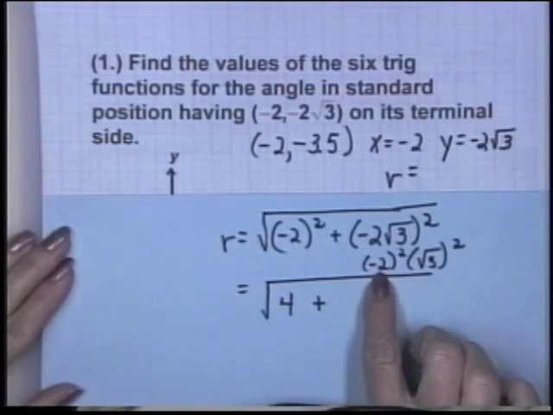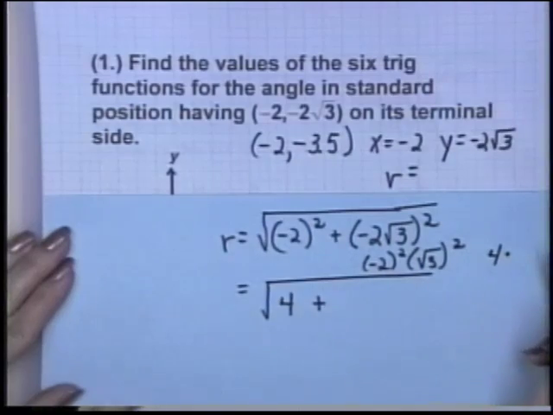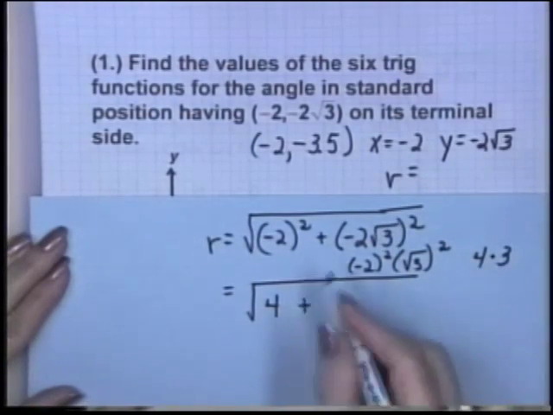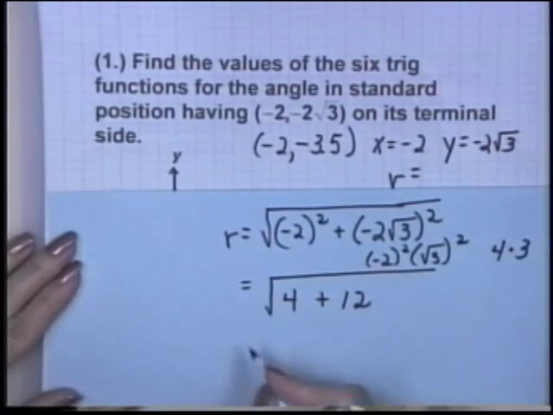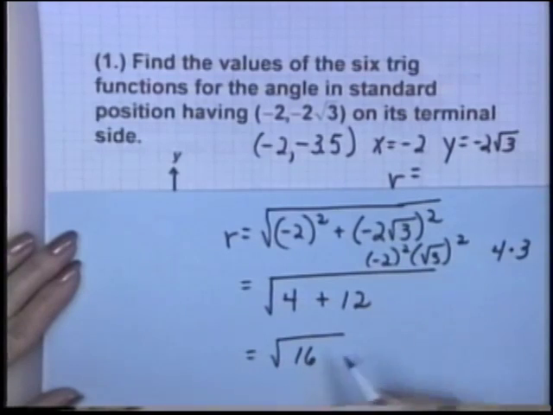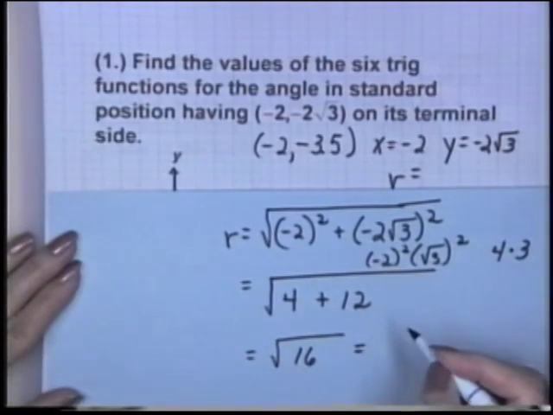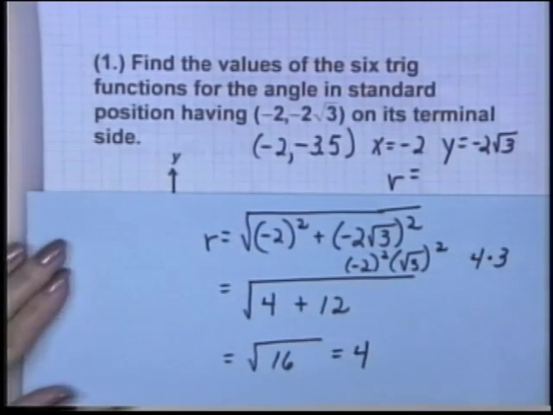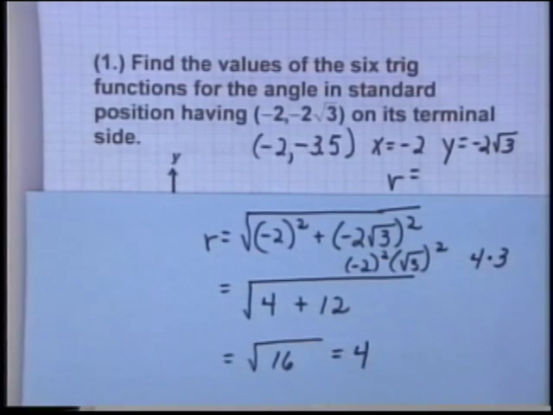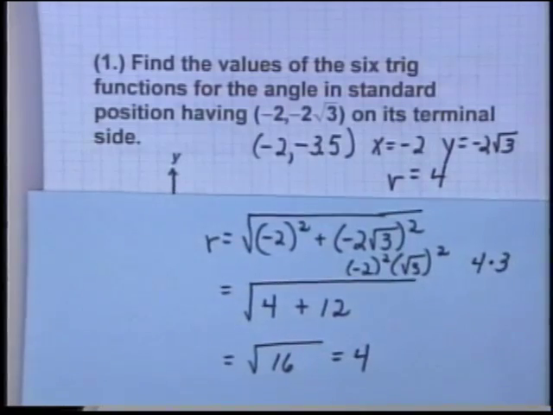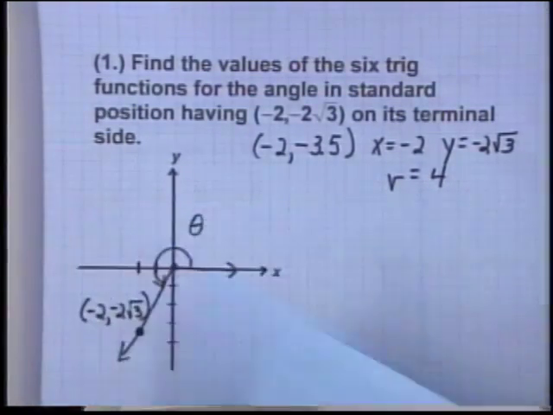Our -2 squared is 4. Our square root of 3 squared is 3. So what we end up with is 12. So 4 plus 12 is 16. So our square root of 16 will be 4. So in this case, our r is 4, and so what I'm going to do is just to write the 4, and then I'm going to move my work so we can find our trig functions.